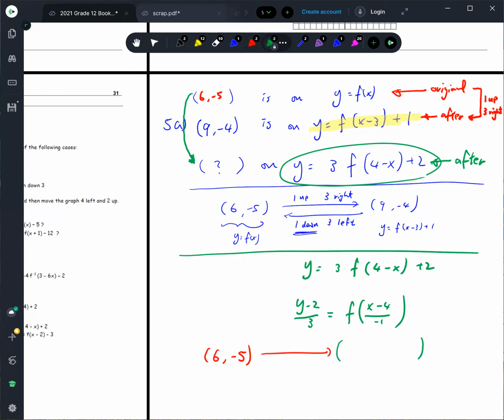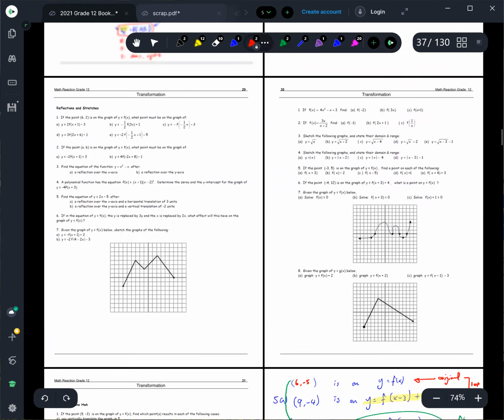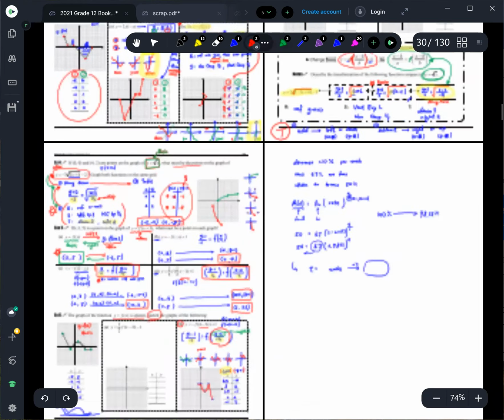Okay, let's start with the x. By looking at your story form, how do we get the new x value? Nick, how do we find the new x value now? You have to plug it in. No, you don't need to plug in anything. Remember how you get the points for the new graphs before?